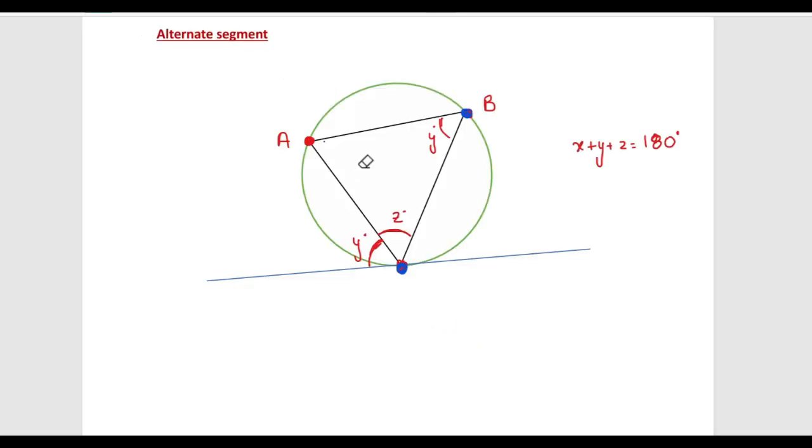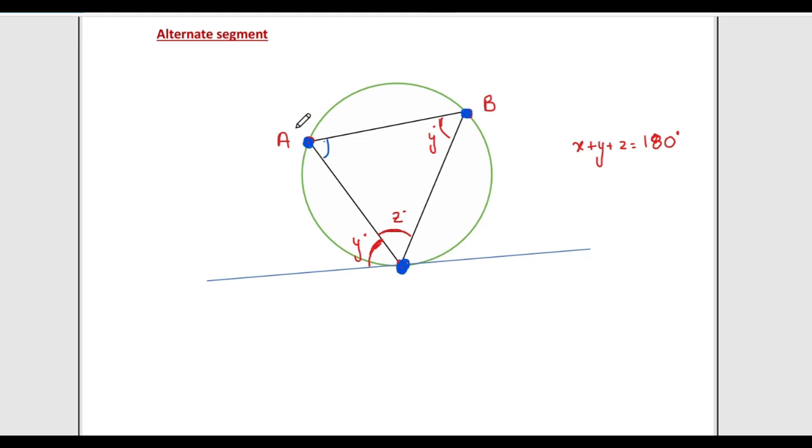For example, we have a tangent that is touching the circle, and a triangle with one end on the tangent and the other two ends on the circumference of the circle. You can clearly see that the angle of the triangle will be equal to the angle between the opposite chord and the tangent.